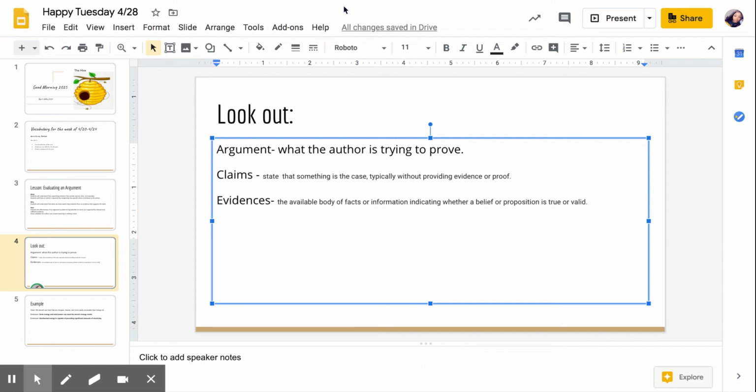All right, so let's go ahead and get started, and let's go ahead and start reading. Okay, so we're going to read this speech from our former Vice President Al Gore, and we're going to identify claims that he makes and the evidence that he used to support the claims. Okay.